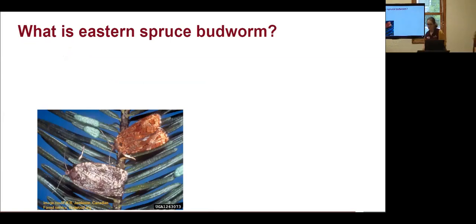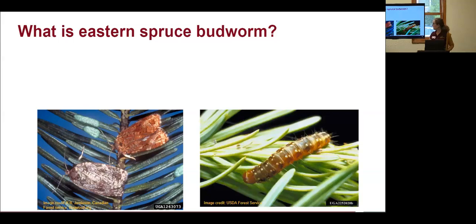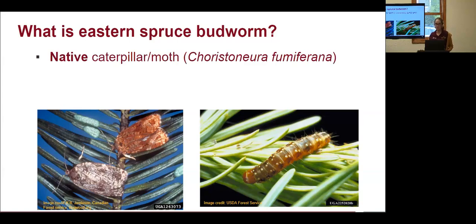Thanks. So, as we get into talking about spruce budworm, it's important to make sure we're all on the same page of what we're talking about. You can see up on the screen, there are pictures of both the moth and the larva phase of the same insect. So when people say spruce budworm, they might be talking about either life stage of this same insect.